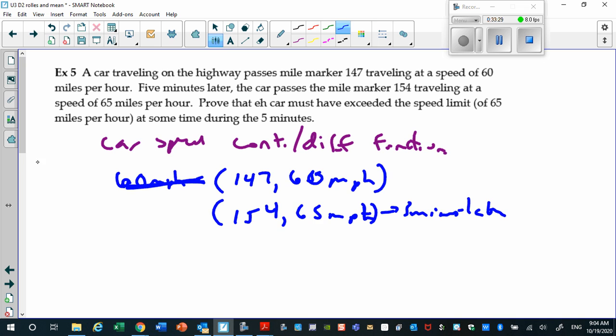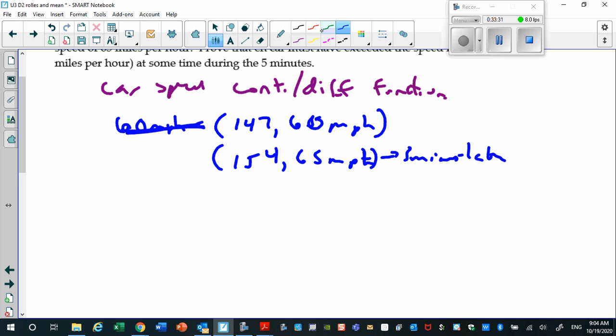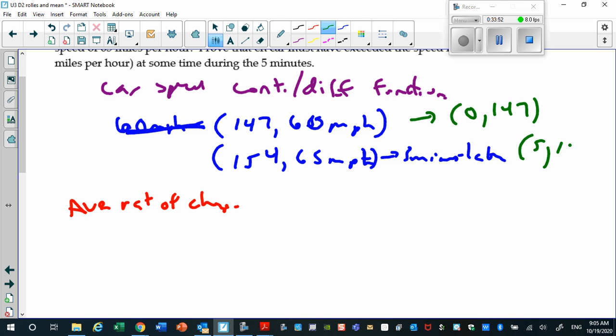So let's talk about the average rate of change. And these are not the ordered pairs, by the way, because I set that up wrong. It would be at time 0, I'm at 147, and at time 5, I'm at 154.